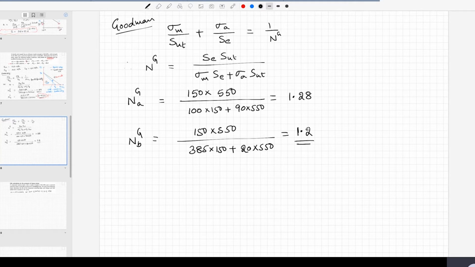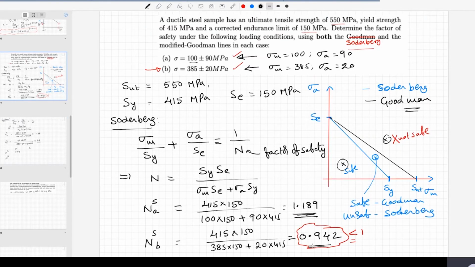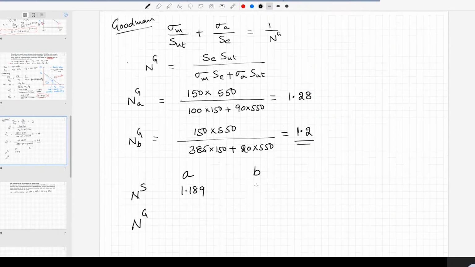So now let us compare stress state A and stress state B, and the factor of safety according to Soderberg and according to Goodman. At point A, according to Soderberg it is 1.189 and at B 0.94, and this is 1.28 and 1.2.